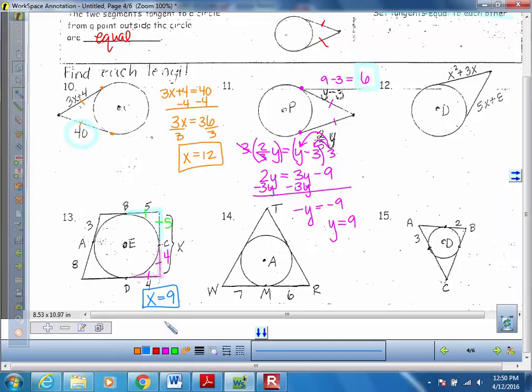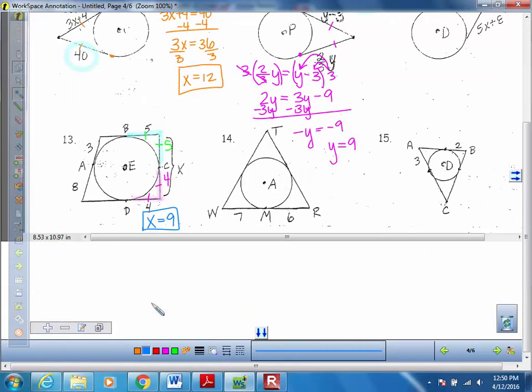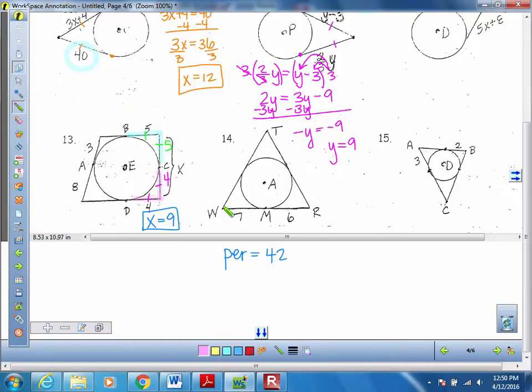Okay, and then I will do 14 as well for you, just to make sure we got this. And I actually cut off part of the information. So it tells me that the perimeter of this is 42, right? Okay, so we're using tangents again. I know that this side and this side are going to be equal.